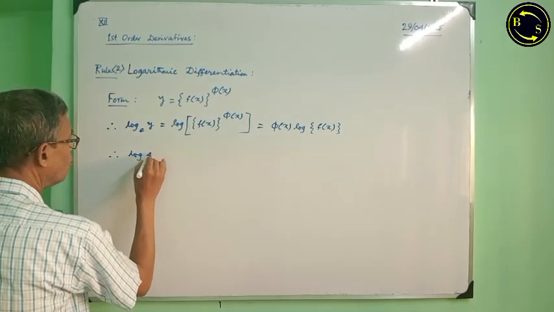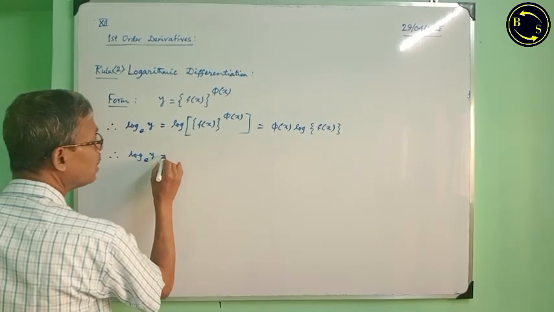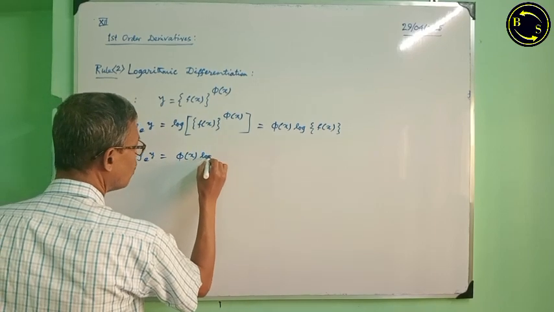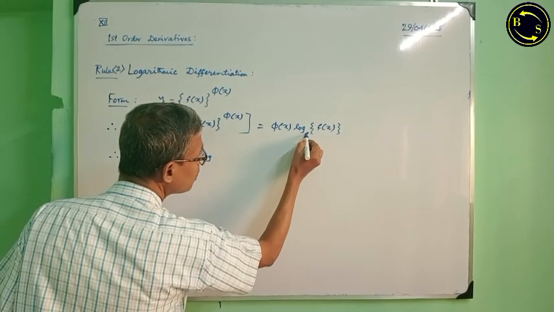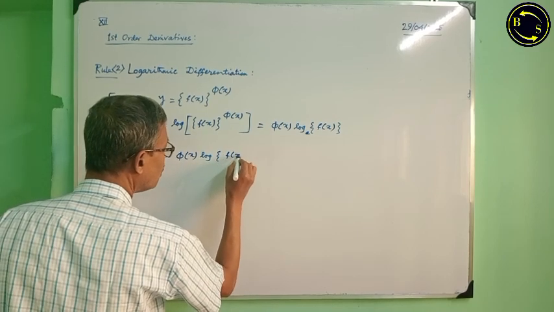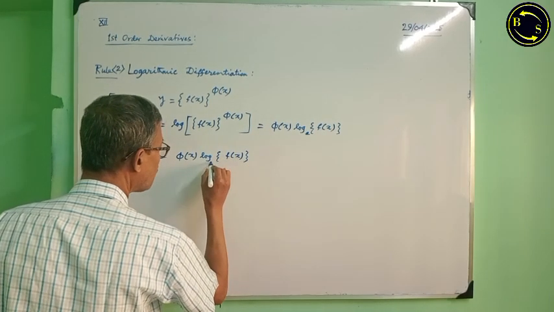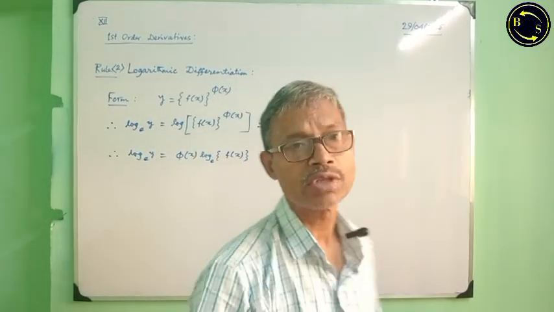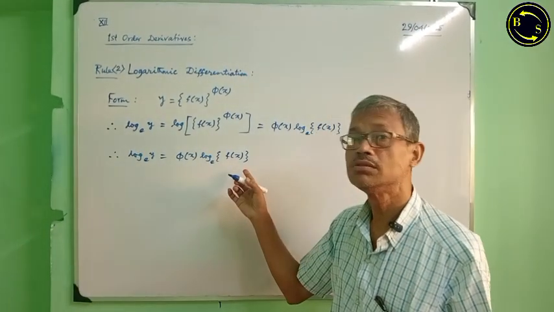Log y to the base e is equal to phi x log of f(x), base is of course e. Thus, after taking logarithm of both sides, we get this one.